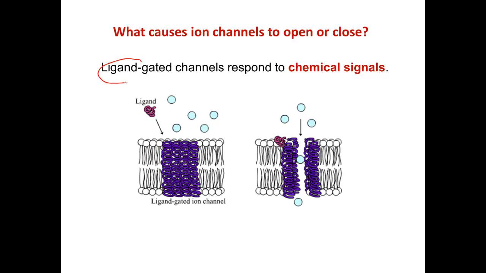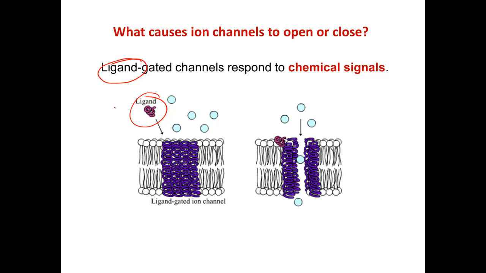Okay, so a ligand is a chemical that binds to a receptor or binds to a portion of another protein, and it causes a conformational change. It makes that protein change shape.